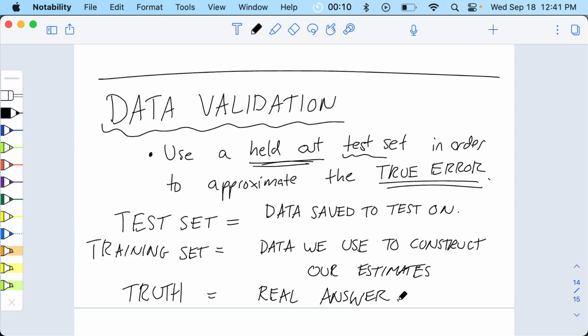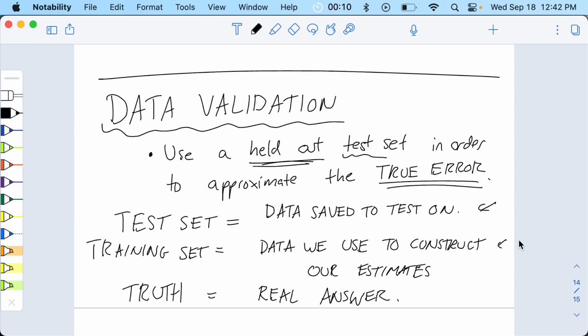And the training set was all the data points we had. The truth was that blue curve, and we were trying to use the training set to get as close to the truth as we can. But in real life, you don't have the truth, so you better learn a method that doesn't involve the truth. And so what we do is this test set method, where we split aside some of the data, and we split it into a training set and a test set.